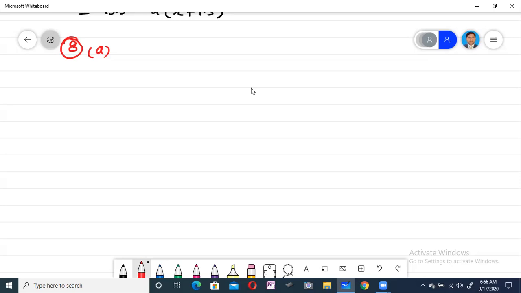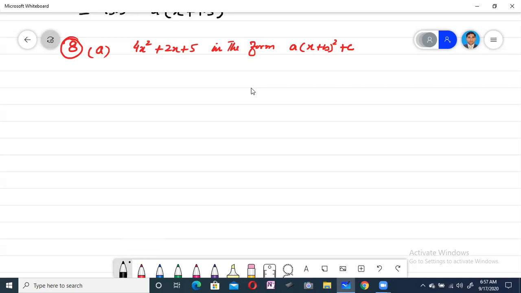Express 4x square plus 2x plus 5 in the form a into (x plus b) whole square plus c, where a, b, and c are constants. This is part A.